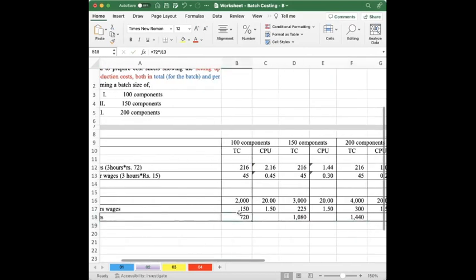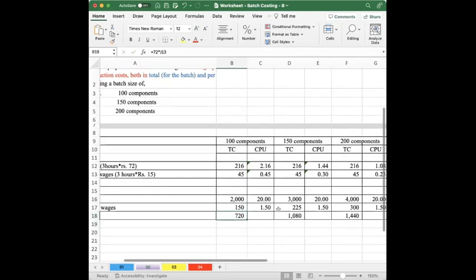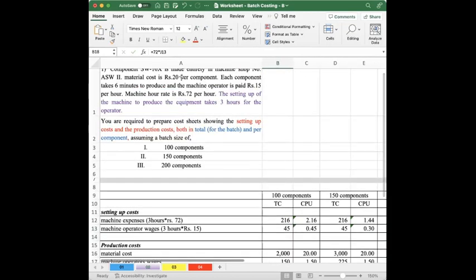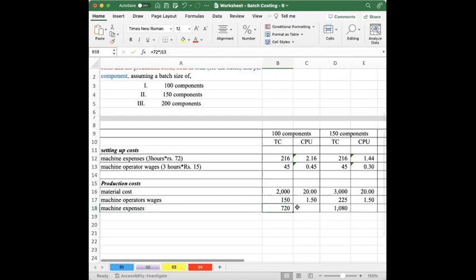Clear? We got this machine expenses by multiplying our machine hour rate by the number of hours required to produce 100 components, required to produce 150 components likewise. So let's find out the cost per unit.